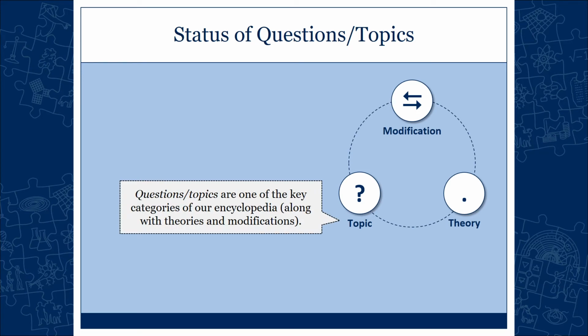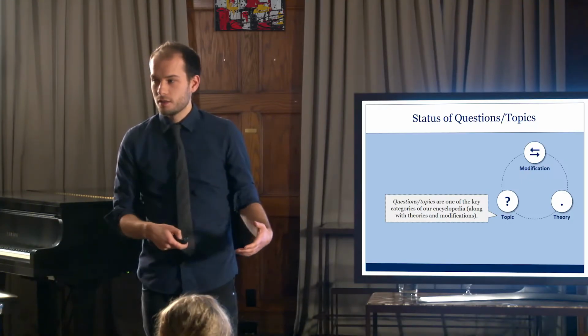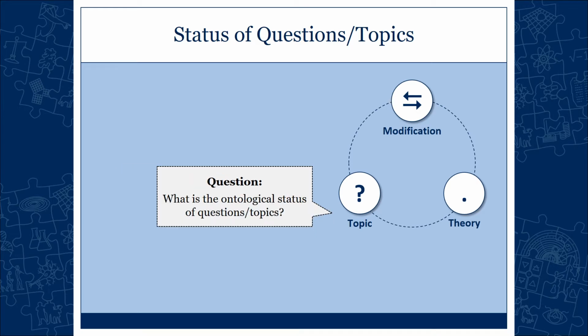We know that these questions or topics are essentially one of the key categories that we're using in our encyclopedia. So the question that came out of this is the question on the status of questions. Are these questions part of the process of scientific change, or are they merely useful instruments for storing scientonomic data? To build on that, what is the ontological status of questions or topics?